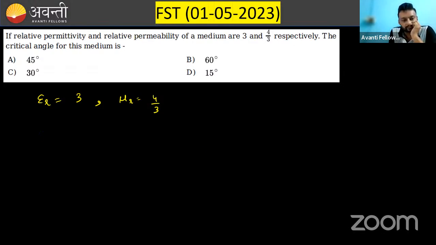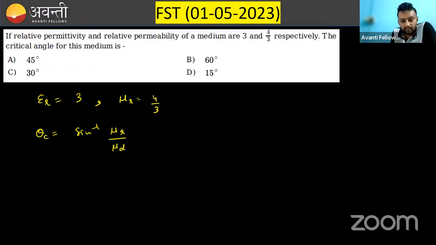Critical angle theta c is equal to sine inverse of mu of the rarer medium divided by mu of the denser medium. Is it clear? Now, permittivity and permeability are given. If these two quantities are known, then from them we can calculate the speed of light in that medium.